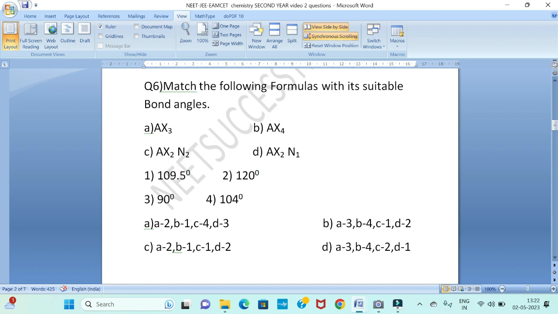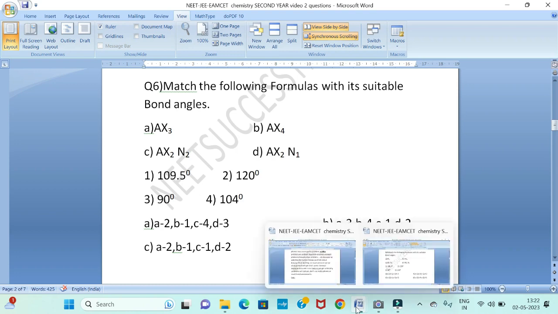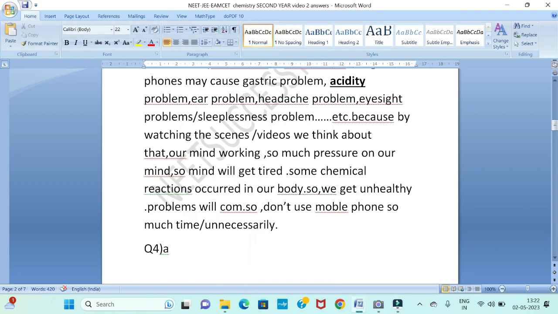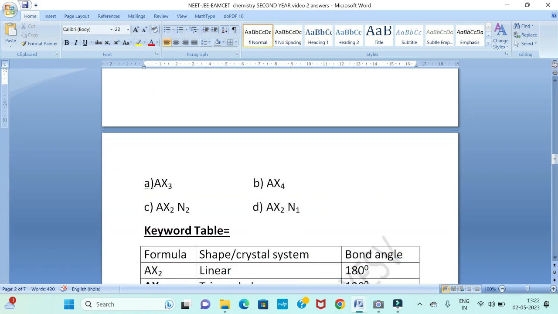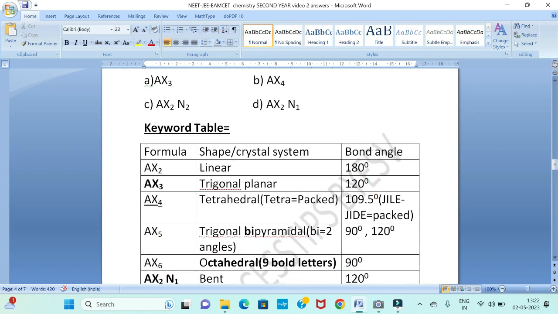So how to remember that? Go to use easy tips and techniques. I will explain in a table. See here, keywords: table, formula, shape or crystal system, bond angle. I am explaining the shapes also, the formulas.